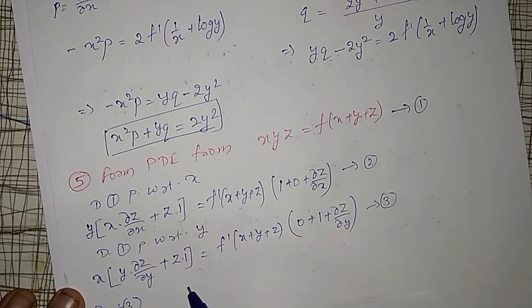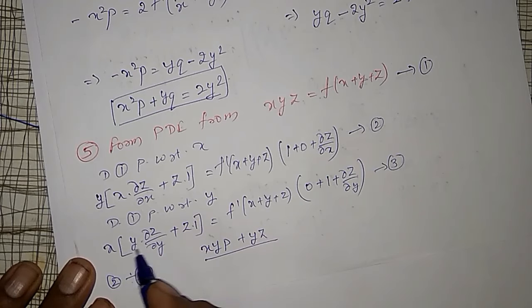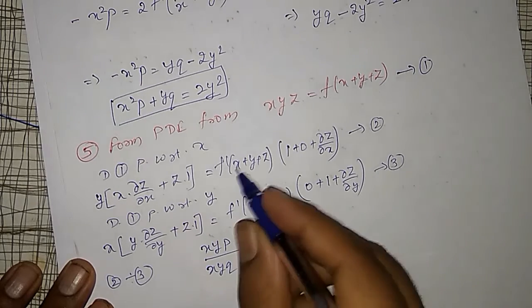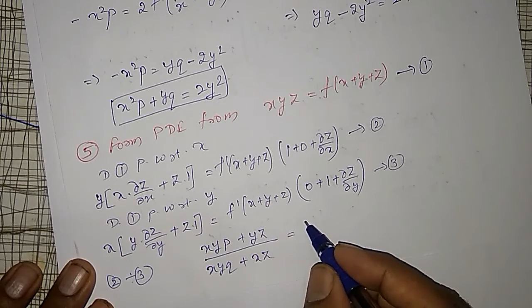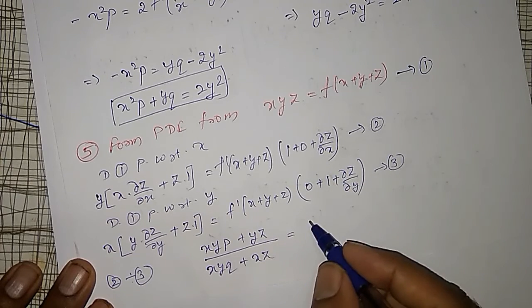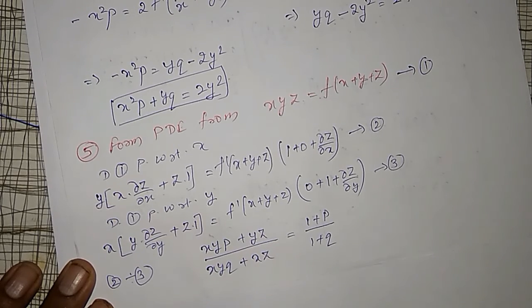Therefore I can write it as x y p plus y z, divided by x y q plus x z, equal to, on the right hand side, while dividing, f dash cancels, and we remain with 1 plus p divided by 1 plus q.